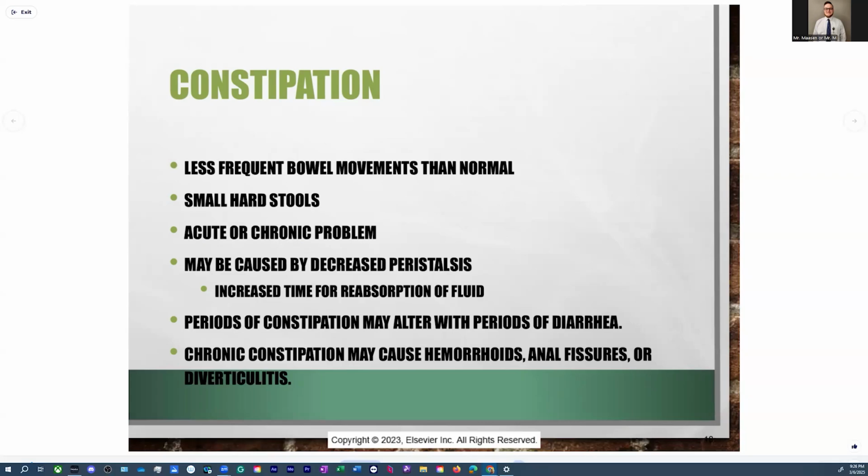It can be a chronic condition. It can be because of decreased peristalsis. So peristalsis, to go back to anatomy, is a term talking about the wave-like movement that our GI tract does. Our small and large intestine do this wave-like movement with their muscle contractions, and that helps propel the stool or the food bolus forward along the tract.